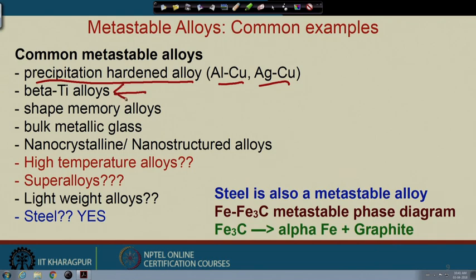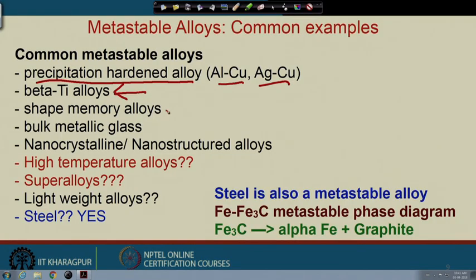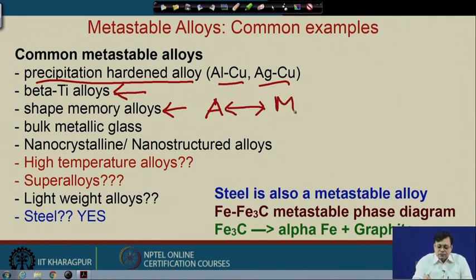Beta titanium alloys are also very famous metastable alloys, because the alpha beta phase transition is important to retain the properties of such lightweight alloys, which are often used in aircraft and at high temperature. Shape memory alloys are also very common metastable alloys, because here the austenite to martensite phase transition is very important along with twinning to get the shape memory behavior.